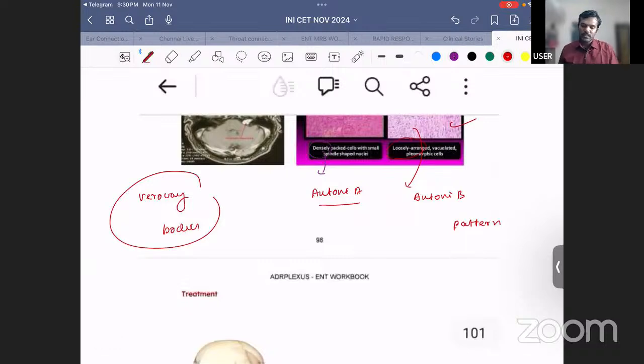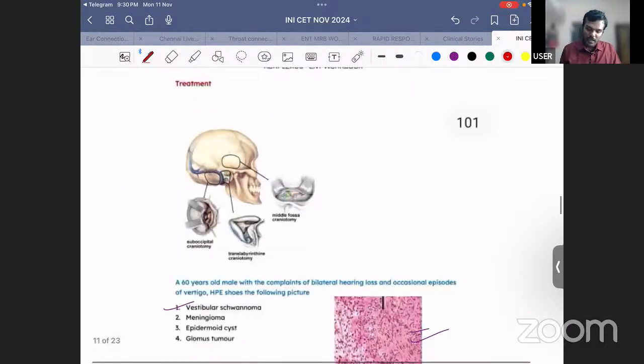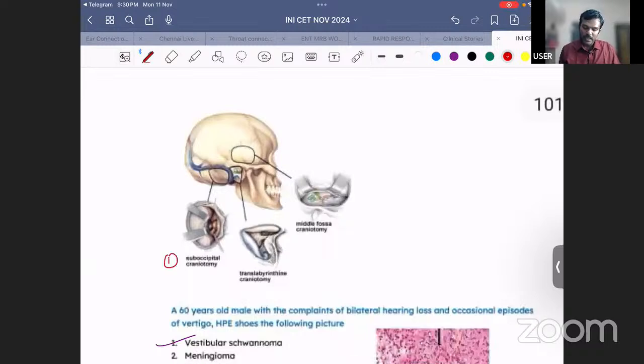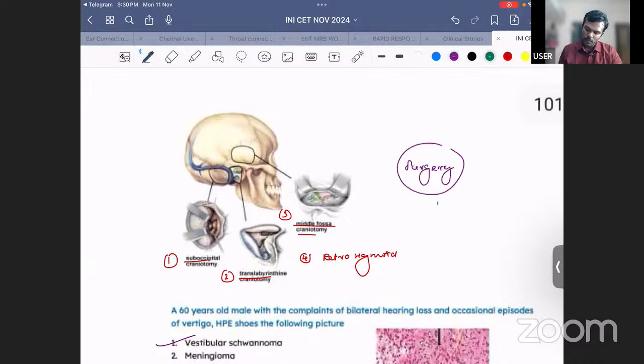The treatment is surgical: by suboccipital craniotomy, translabyrinthine approach, middle fossa craniotomy, or retrosigmoid approach. Surgical treatment can be done if the tumor is more than 2.5 centimeter.